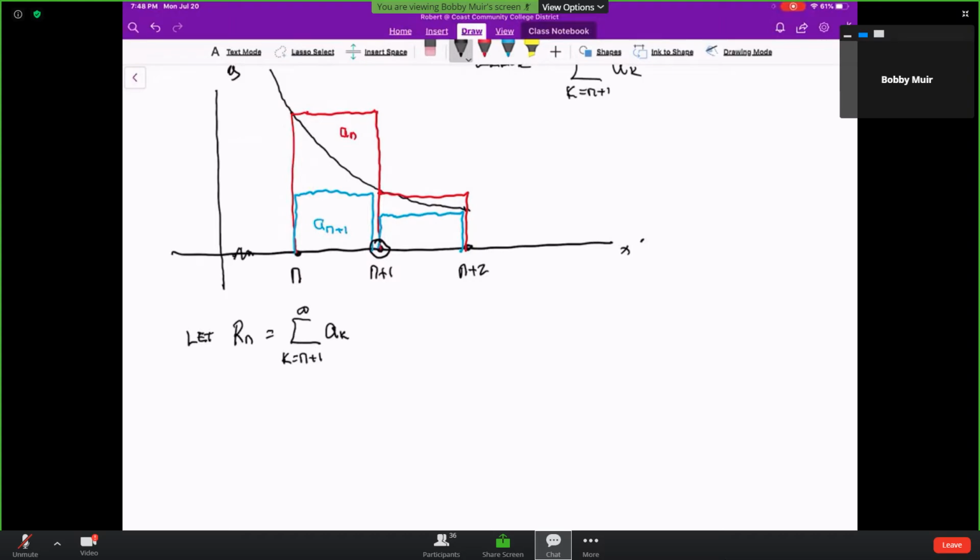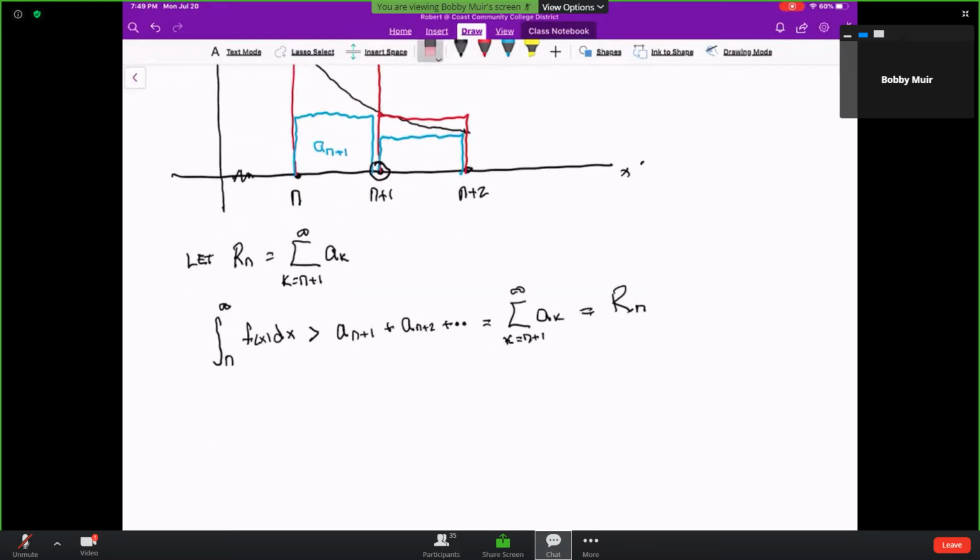So the integral from n to infinity of this f of x dx, which is the area underneath the curve, is larger than a sub n plus 1 plus a sub n plus 2 and so on, which is the sum k equaling n plus 1 to infinity of a_k, which we just decided to call R sub n.